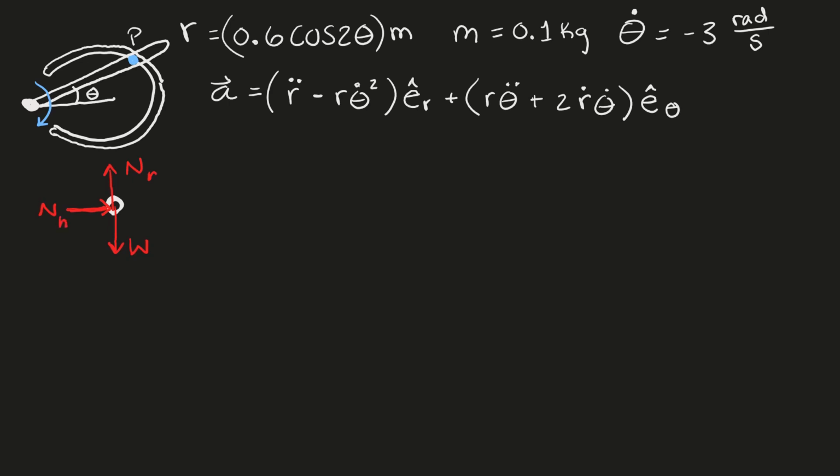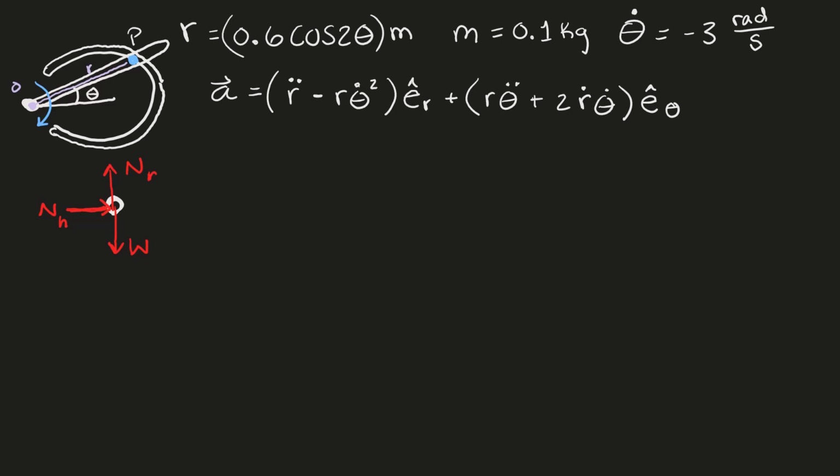All right, and then the coordinates are important here. So the e_r, the radial direction, is the distance from a fixed point. So in this case, the fixed point is at O, right? And it's this distance here.